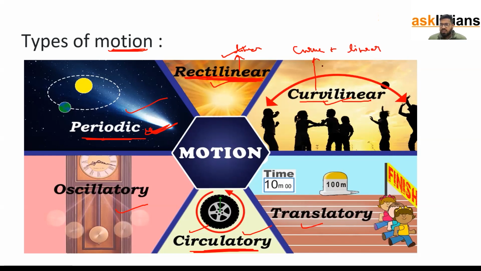And what is curvilinear? Curve plus linear. It has two components: one is linear, that is a straight line, and one is a curve. So it is doing two types of motion, moving along a curve as well as moving straight. That is known as curvilinear motion. But we are not concerned about this. We have to focus on rectilinear, circular, and periodic motion.